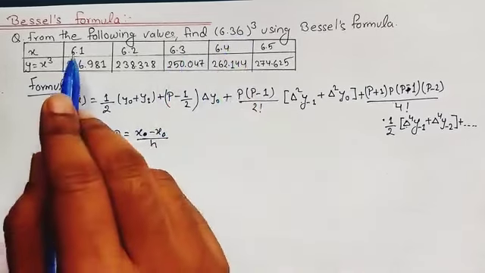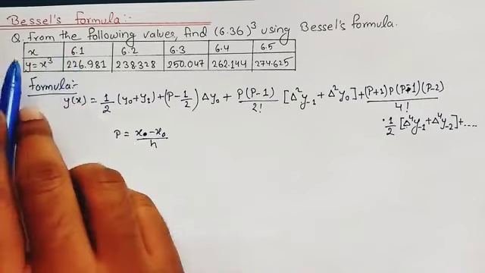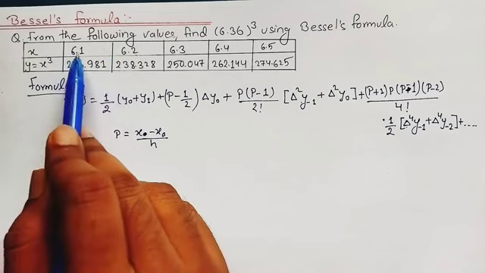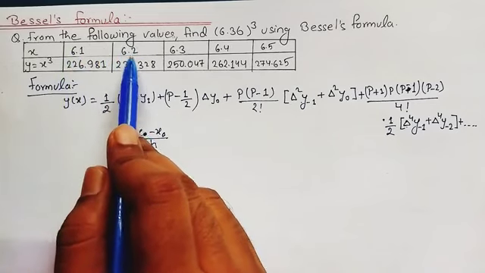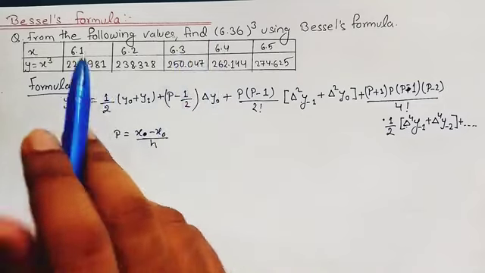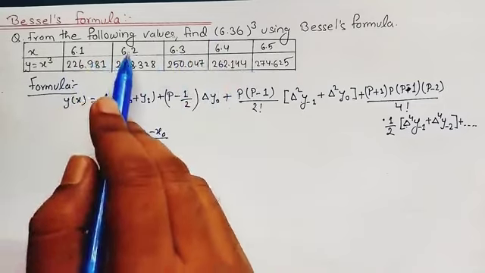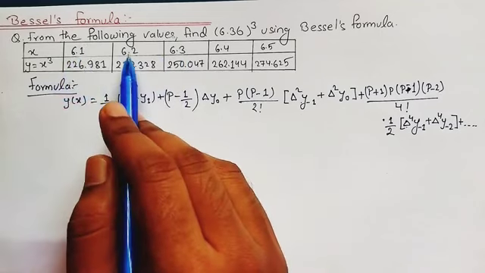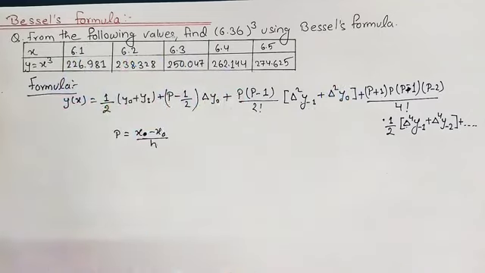And h is the difference, that is, the interval in x. So if we add 0.1 to 6.1 we get 6.2, and if we add 0.1 to 6.2 we get 6.3. Or we can also find h by simply subtracting 6.2 minus 6.1 or 6.3 minus 6.2. The difference is the same, and that is h.